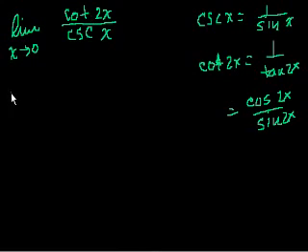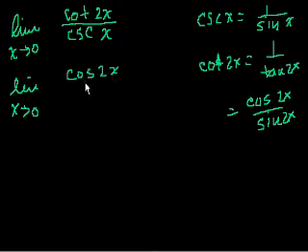So this is going to be the limit as x approaches 0. Cotangent of 2x, we said, was cosine of 2x over sine of 2x. And then it's going to be all of that over the cosecant of x. Well, that's just 1 over sine of x.